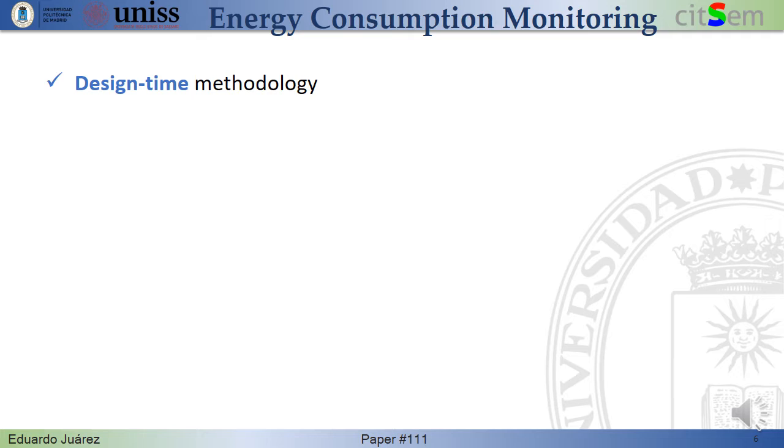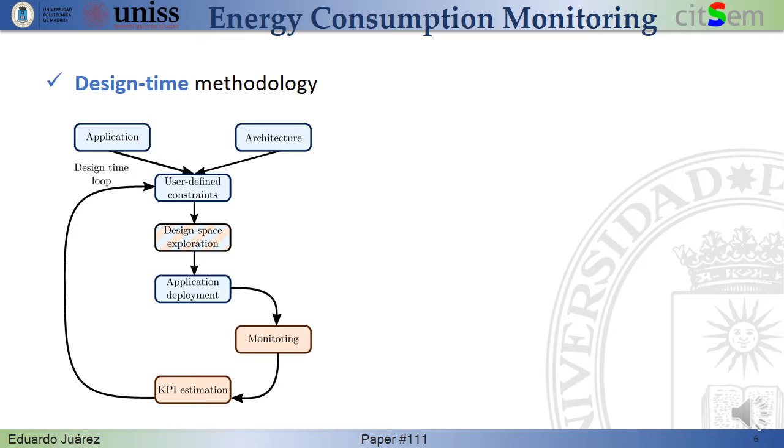The steps composing the design time loop are the following. Monitoring: first, both execution time and performance events are collected for each actor being executed. Second, KPI estimation: the PREESM scenario has been extended to support energy consumption.